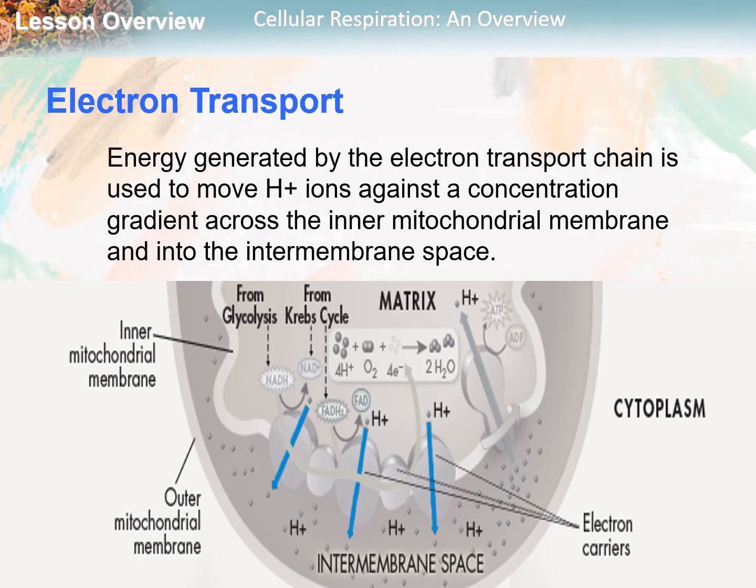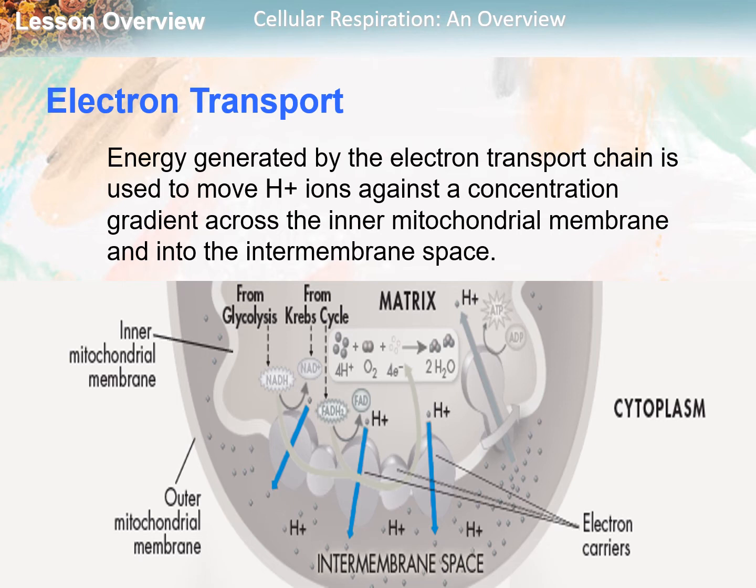The energy generated by the electron transport chain is used to move hydrogen ions against a concentration gradient across the inner mitochondrial membrane and into the intermembrane space. If you're going to look at the figure here, and follow the pointer, you have these molecules which are of a greater number.